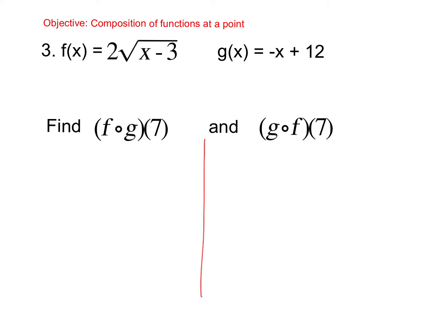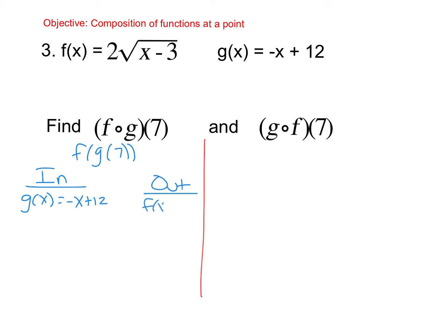Okay, so I've got f of g of 7. So my in is g. My out is f. So we got g of 7.